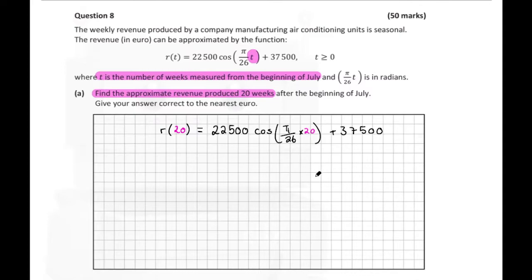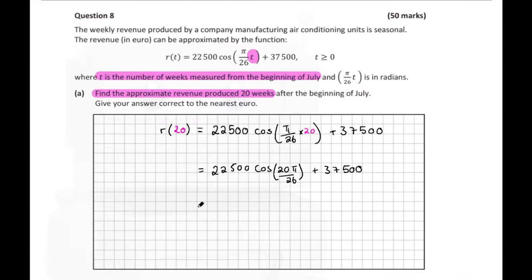And then all we do is tidy that up as much as possible. So we've got 22,500 cos(20π/26) plus 37,500.